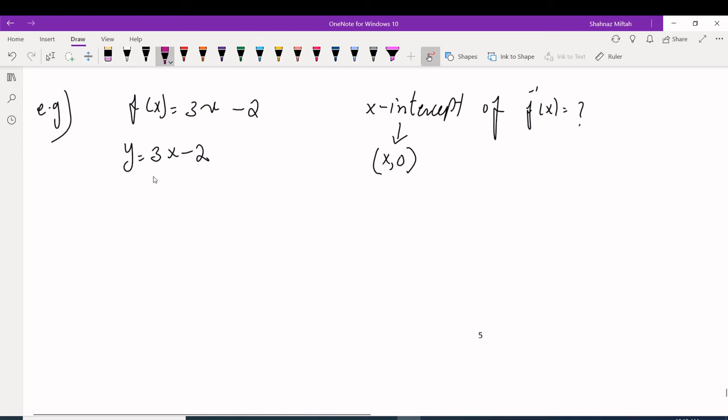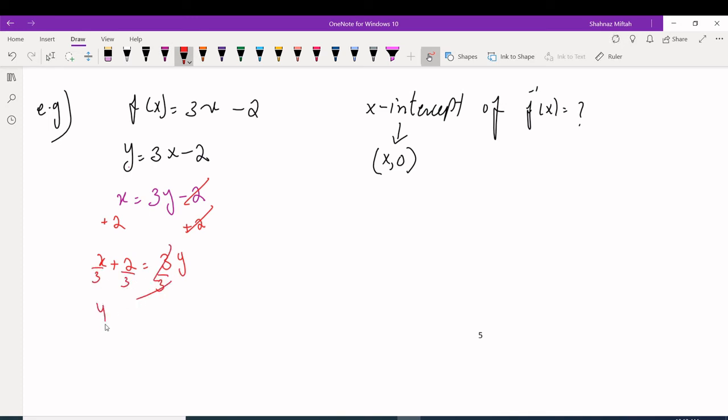Now I have to switch my x and y's to get the inverse. So y replaced with x, x replaced with y, minus 2. Then I'm going to add 2 to both sides. So I got x plus 2 equal 3y. You divide by 3 on both sides.